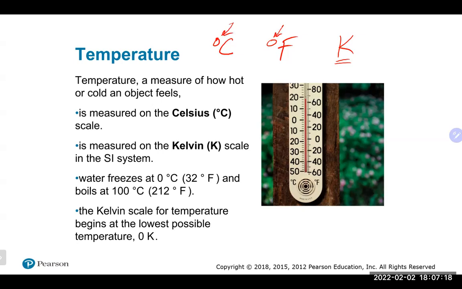The conversion between Celsius to Kelvin is one that we do a lot in chemistry, and I'm sure we'll see it here in a second. But if you want to calculate the temperature in Kelvin, you take the temperature in Celsius and you add 273 to it. The real number is 273.15. Most people don't keep the 0.15 because it gets rounded off most of the time.